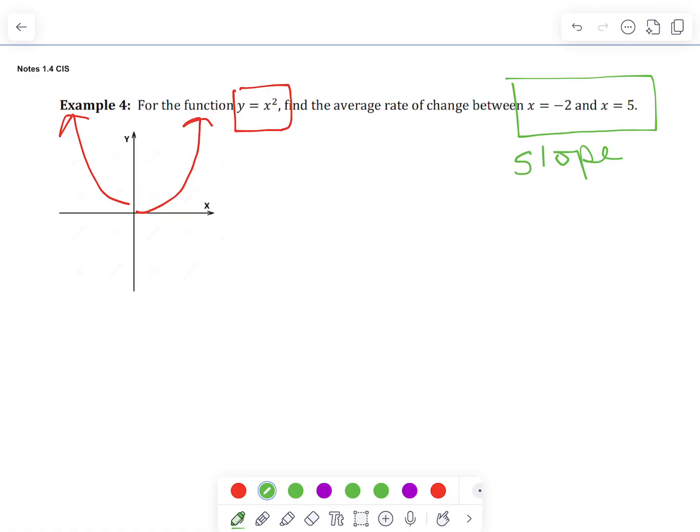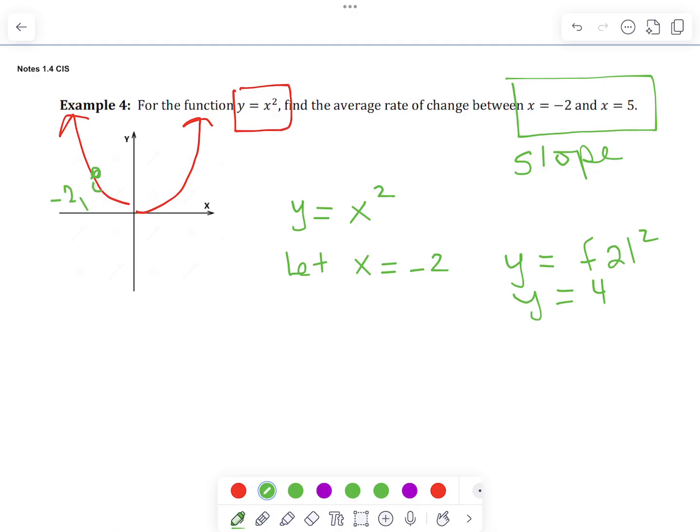So at y equals x squared, I'm going to go ahead and let x equal -2, and I'm going to substitute -2 in for x. So -2 squared is 4. So where is that ordered pair? At -2, here it is up at 4. So that's (-2, 4).